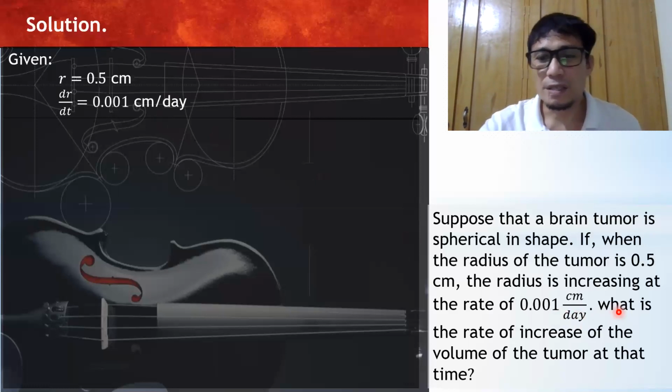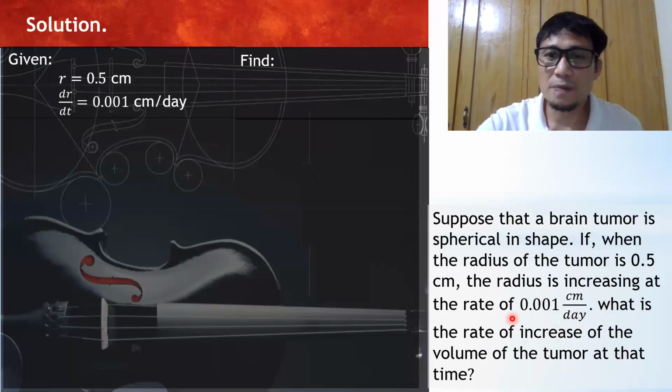Then the question is, what is the rate of increase of the volume of the tumor at that time? Again, we have a phrase, rate of increase. This is again referring to the change of one quantity with respect to another quantity. That other quantity, of course, is the time.